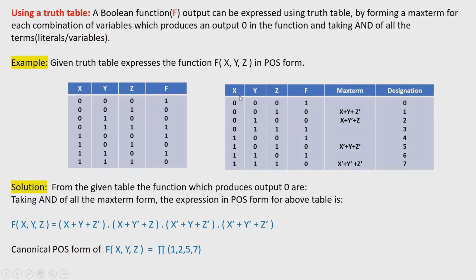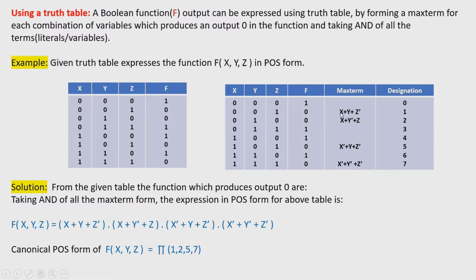So what you do is, where the function output is 0, you find the max term first. Since it is a max term, you OR the literals. In terms of min terms, you AND them, that is x dot y dot z complement like that. But in terms of max terms, you OR the literals.